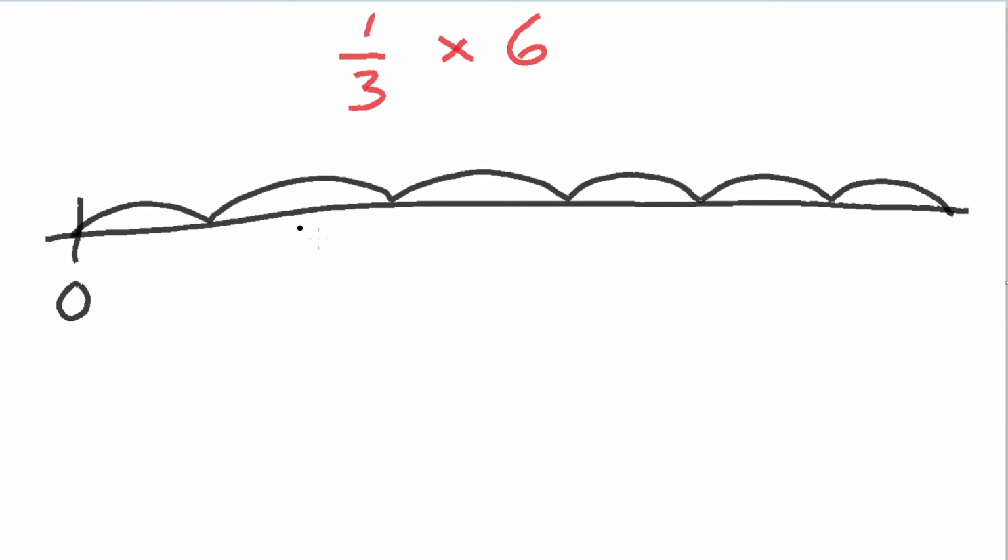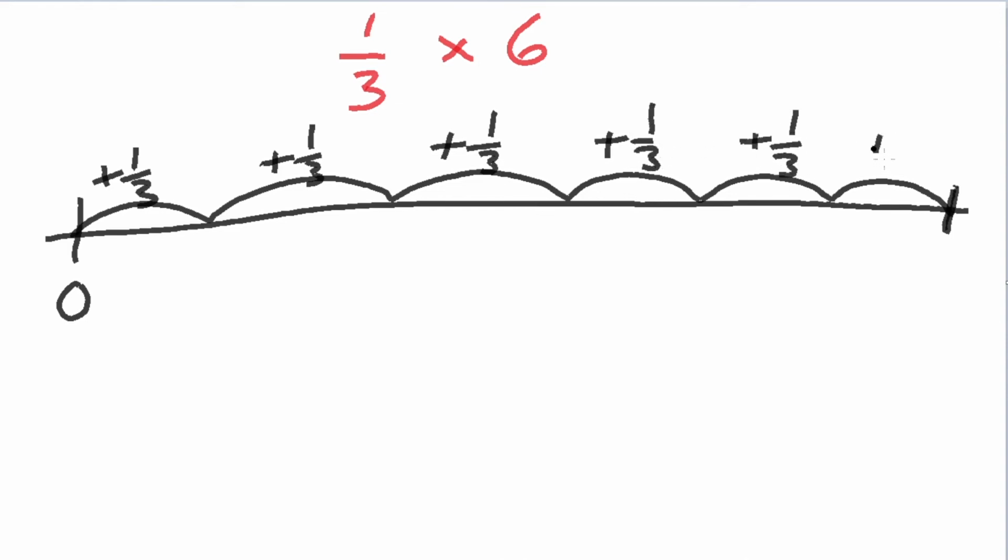Sorry, my partitions aren't perfectly aligned, but that's okay, right? And then we're going to skip count by thirds. So we'll put plus 1/3, plus 1/3, plus a third, plus a third, plus a third, and plus 1/3. Okay, are we ready to skip count?